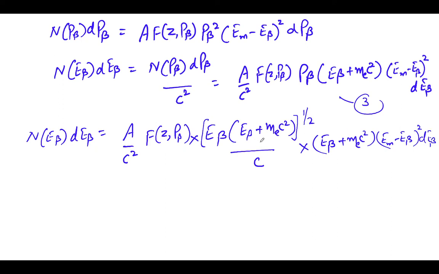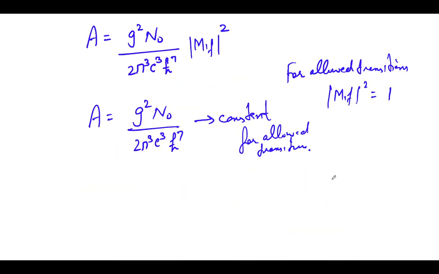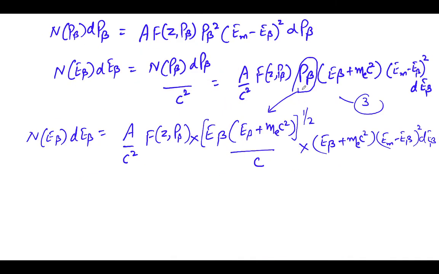So this is the value of p_β which we have introduced, this square root term, from p_β². When we move the c² term to the denominator side, this is from equation number 1, we have introduced this value and this is what we get.